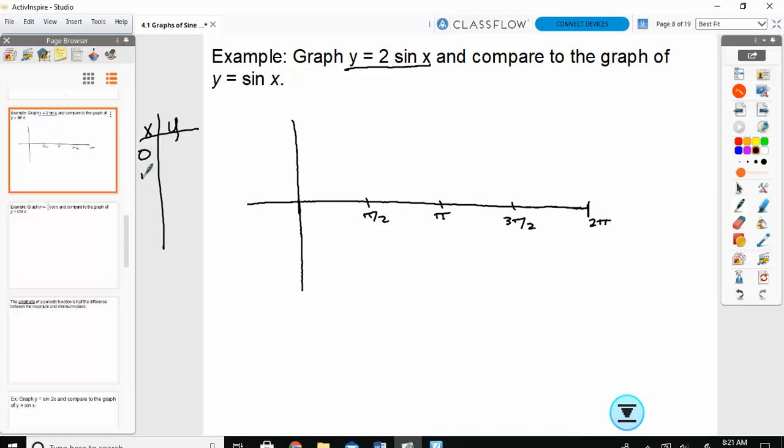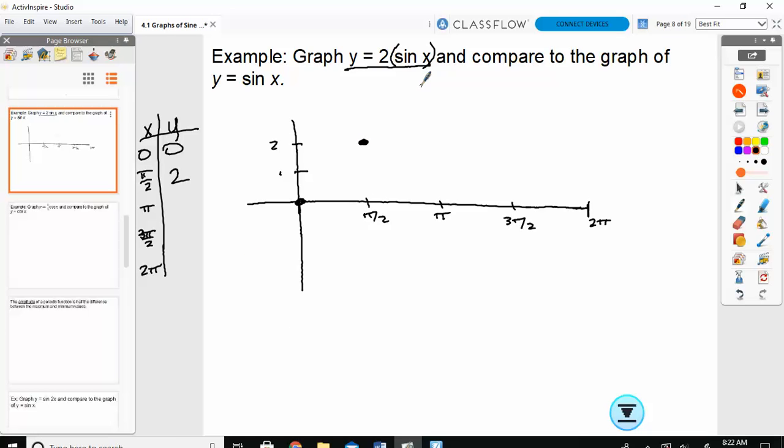So we can think of this as kind of making a T-chart. If you plug in 0, sine of 0 is 0, times 2 is, all right, so 0, 0 is on my graph. If I plug in pi over 2, sine of pi over 2 is 1, times 2 gives me 2.